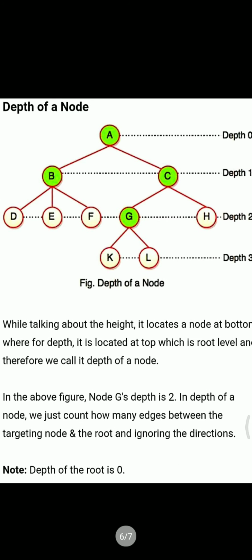When you take the depth of a node, it should be towards up. So for the depth of a node, we just count how many edges between the target node and the root, ignoring the directions. Whatever the direction may be, either towards left or right. So we represent the depth of a node, where the depth of a root is 0.